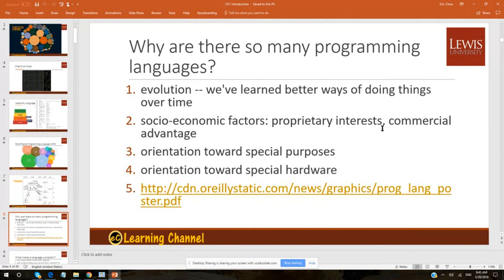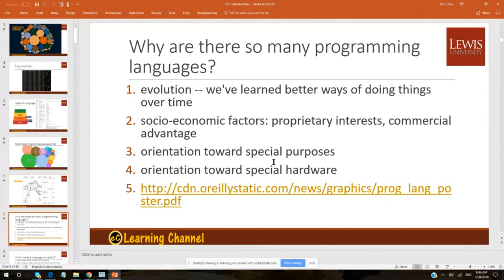Even though it's made public now, Microsoft is still behind it. And Java, as we know, was mainly supported by Sun Microsystems, and now by Oracle. So there are also some social and economic factors as well. And some companies just want to own their proprietary language.